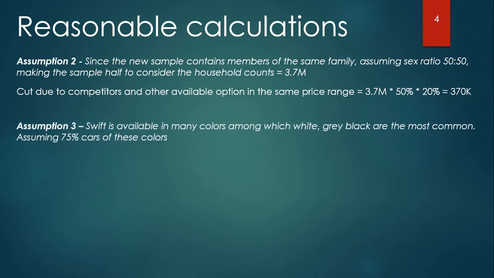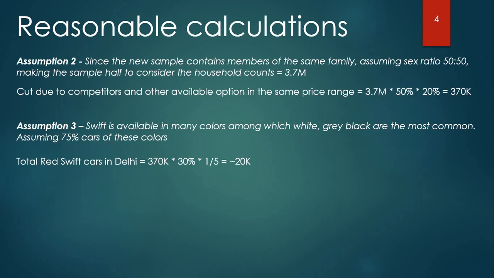Then comes the last part, which is going into the particular color segment. So if you see a general trend, most of the people prefer gray, black or white colors. So considering 75% of the cars are of these common color segments, and the rest of the colors contain yellow, blue, red, brown, like that.